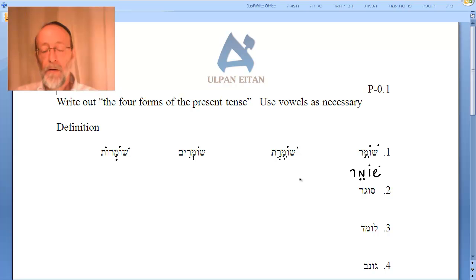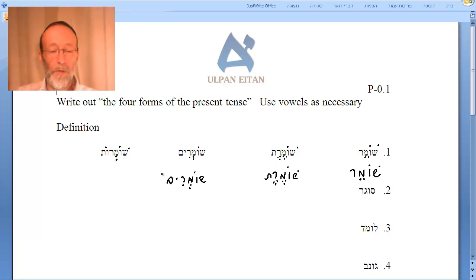Shomer. And then the next form, shomeret. Write it in script letters. You can do the same. So we have 2 words up here right now. Shomer, shomeret. The third is shomrim. And the fourth is shomrot.